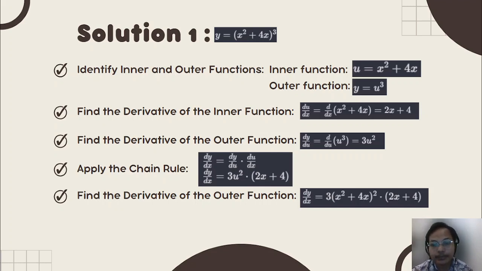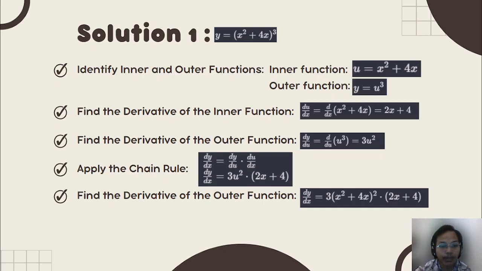Why is this? This is the effect of the power rule, where we bring the power to the front as a constant, 3u, and 3 minus 1 becomes 2.